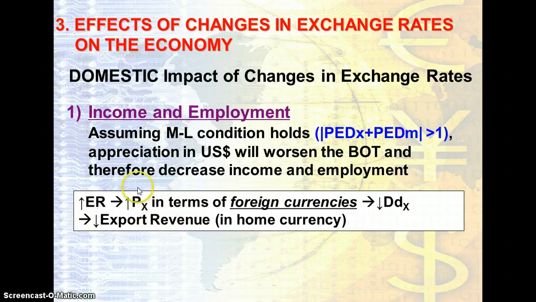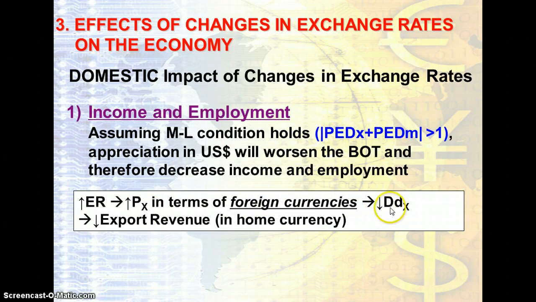So in this case, it is a non-price determinant. With the change in the exchange rate, the price of export becomes more expensive in terms of foreign currency, which is not a price determinant. It will decrease the demand for export. To make myself very clear, this is a non-price determinant because we are looking at the price of exports in terms of foreign currency.